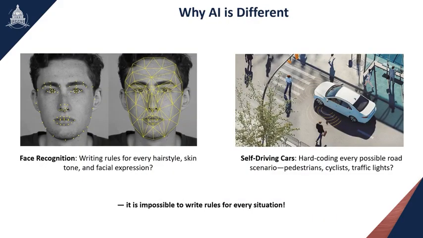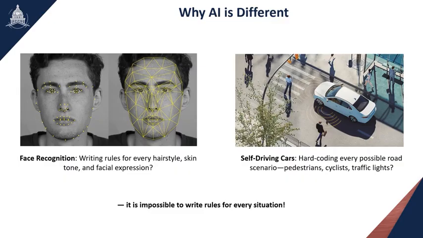But why is AI different from conventional programming? Imagine trying to use conventional programming to recognize faces. We'd have to write rules for every possible hairstyle, every possible skin tone, every possible facial expression, etc. And let's take also the example of self-driving cars. Imagine hard coding every possible road situation that comes from pedestrians to cyclists, from green lights to red lights, and so on.